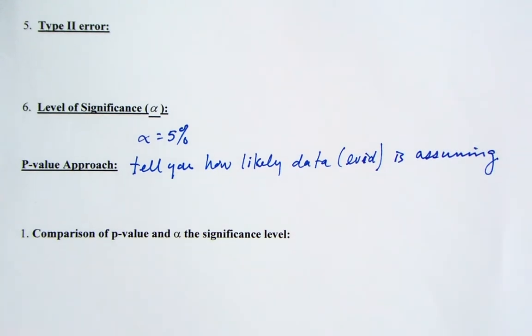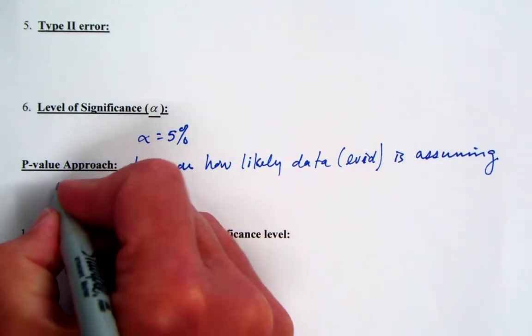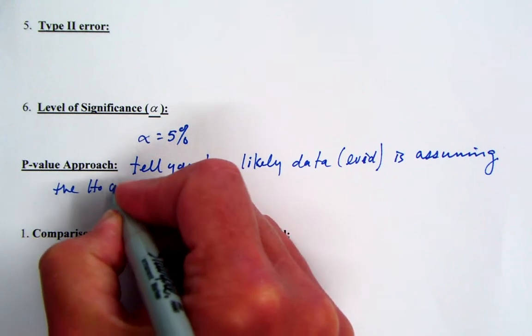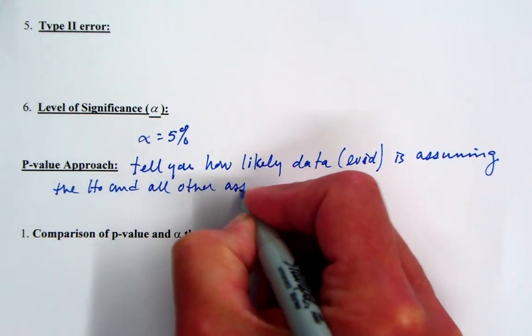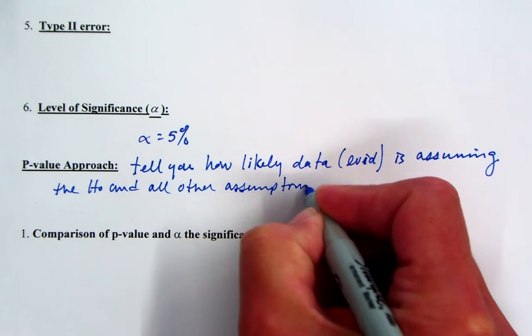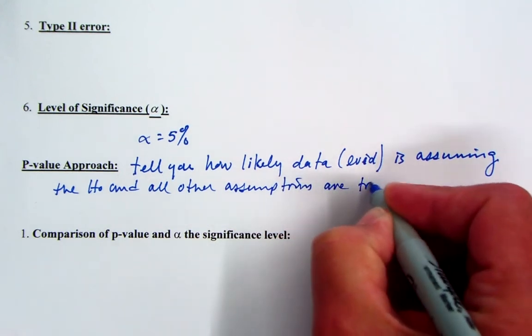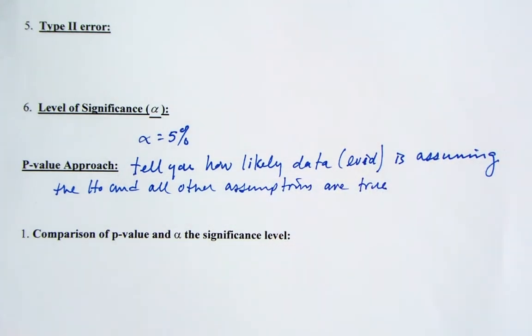So assuming the null and all other assumptions are true. So this assumption is not a proof, okay? We are just assuming things, knowing that we could make an error. We could either make a type 1 error or a type 2 error.